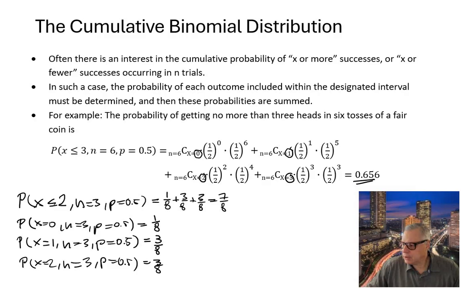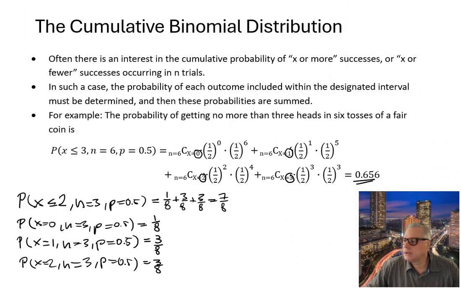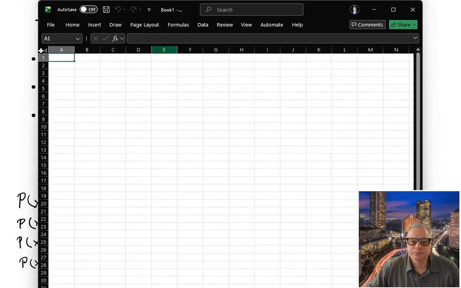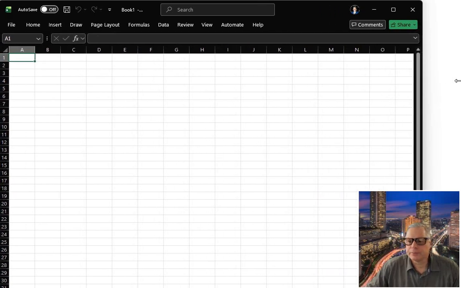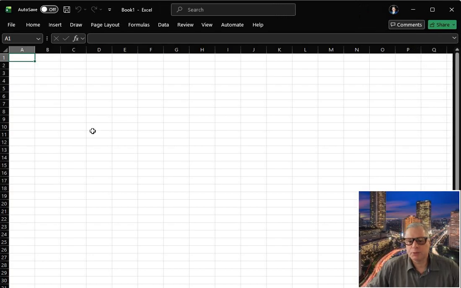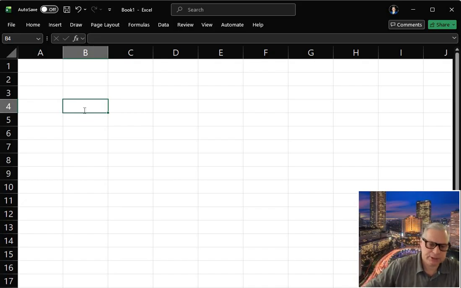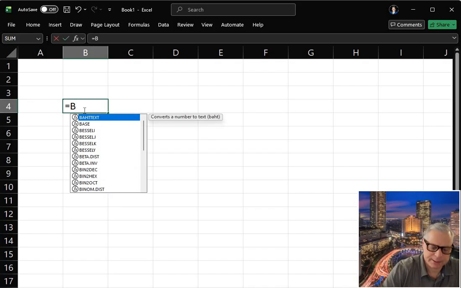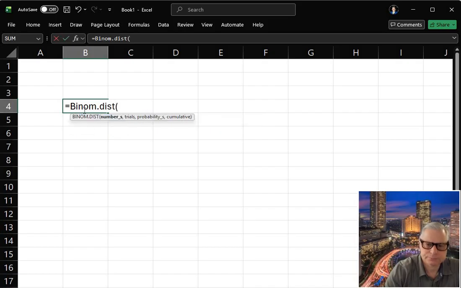So actually, let me already open Excel and let's introduce the formula. The formula that you want to use in Excel is equal to binom.dist. And you see it's pretty straightforward.